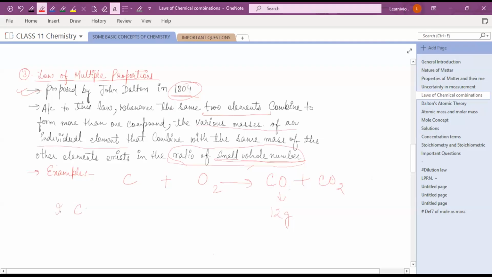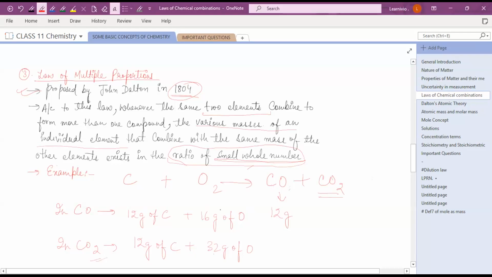See, in carbon monoxide, what I said is 12 gram of carbon plus 16 gram of oxygen is there, right? But in carbon dioxide, 12 gram of carbon is there, but there are 32 gram of oxygen. And you can see that the ratio of the amount of oxygen present in the carbon monoxide and the carbon dioxide will give you the simplest whole number ratio.